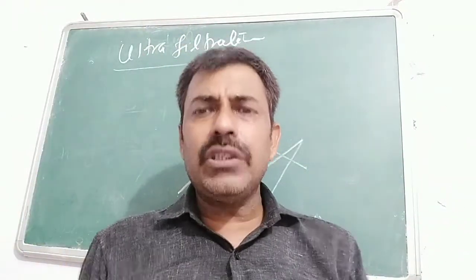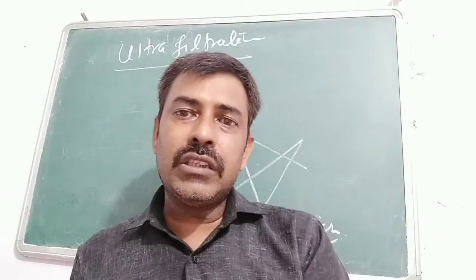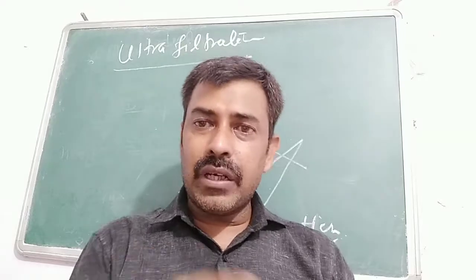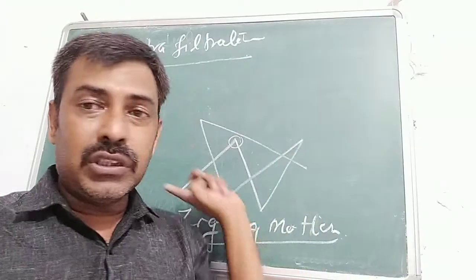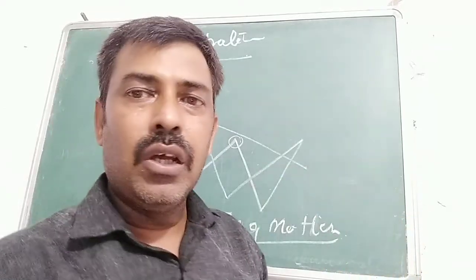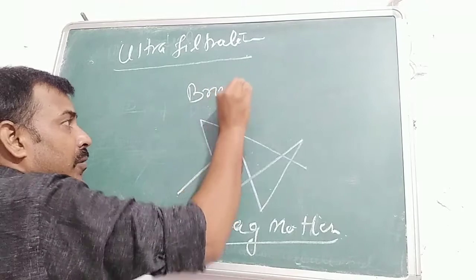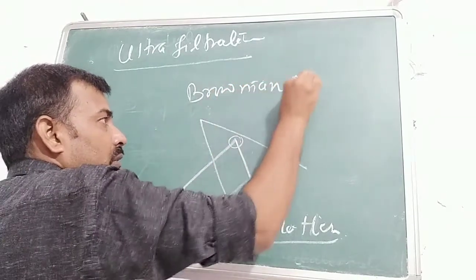So, regular collision of the molecules provides a regular change in direction. And because of the regular change in direction, such motion appears. This motion was called Brownian motion after its discoverer, Brown.